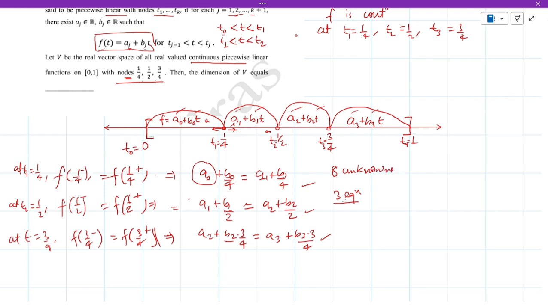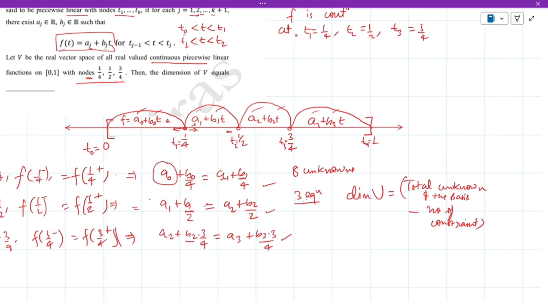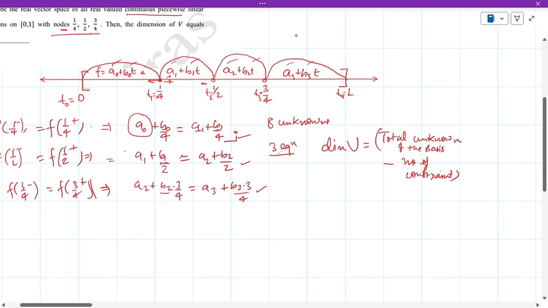So the dimension of a vector space is the total number of unknowns, because you know the basis of the entire function will be a0, b0, a1, b1, a2, b2, a3, b3, minus the number of constraints, right? Constraints mean equations. As we can see, there are 3 constraints: this is constraint 1, this is constraint 2, and this is constraint 3, right?